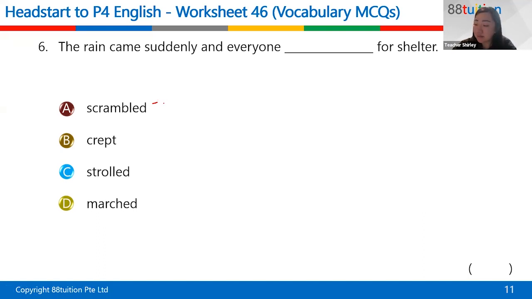Okay, so scrambling. Scrambling is an action whereby one makes one's way quickly but awkwardly. Because usually it's in times of emergency. So you scrambled somewhere. It is quick, but it's scrambling. Okay.